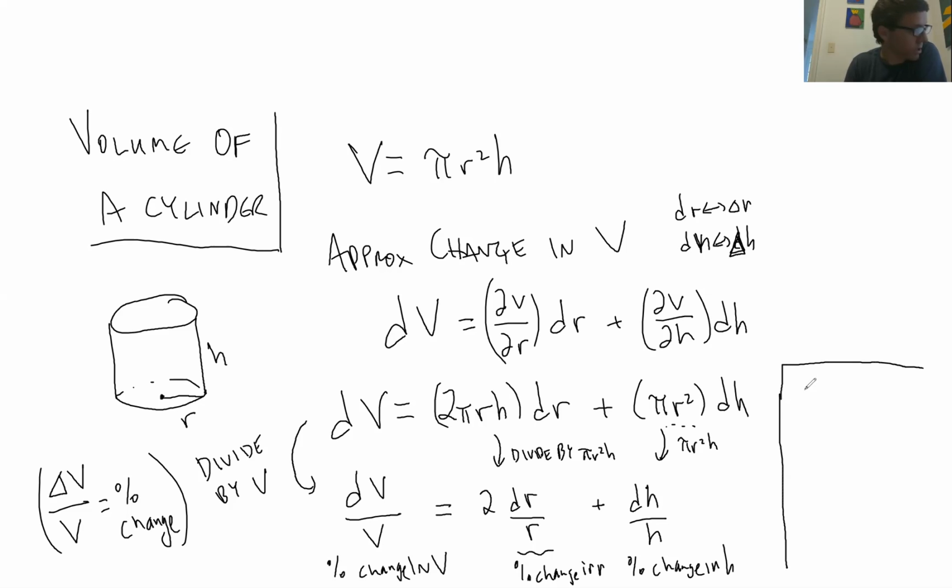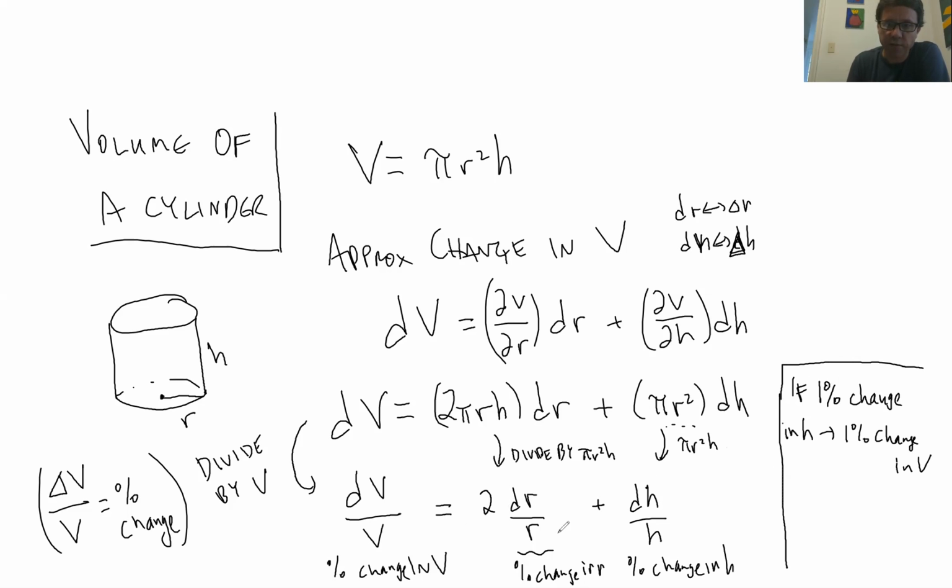So the point is if there's a 1% change in the height, that leads to a 1% change in v, assuming r doesn't change.